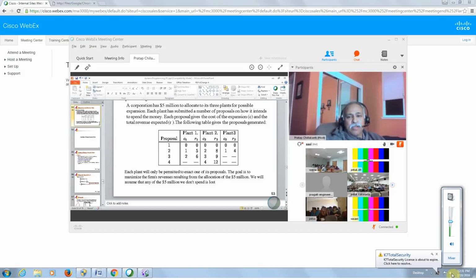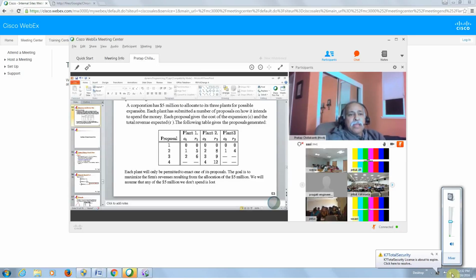P1 is plant 1, and you are going to give them $5 million. There's only $5 million to give. So if you give all 5 million to P1, that means plant 2 and plant 3 get 0. Not an easy problem, right?